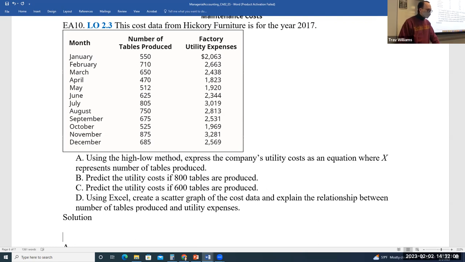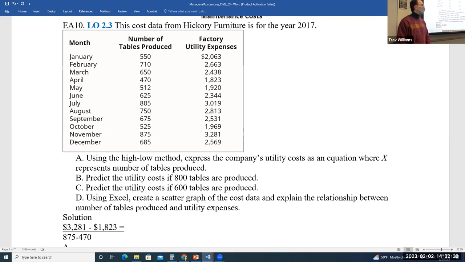All right, so we have to start with the costs here. So the costs are 3,281 in November minus 1,823 in April, right? And then we divide that by the activity between the 2 months.